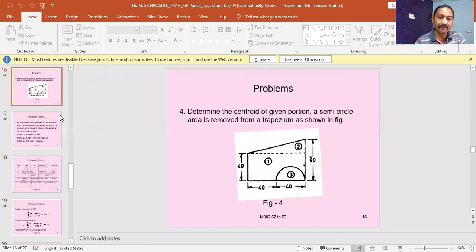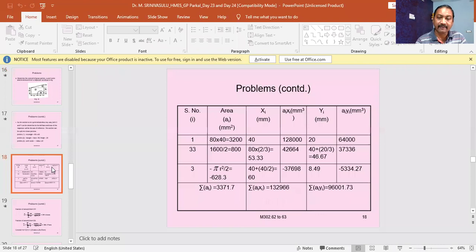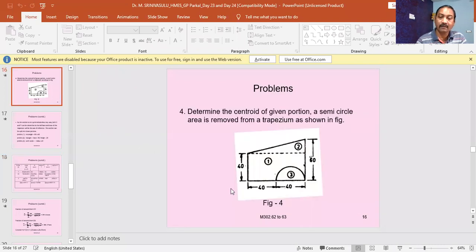Now coming to the y coordinate, that is y3. You know very well about y3. What is the y3? This is nothing but 4r by 3 pi for the semicircle, it is called 4 into r by 3 pi from this line, because this line and the x-axis both are coinciding.